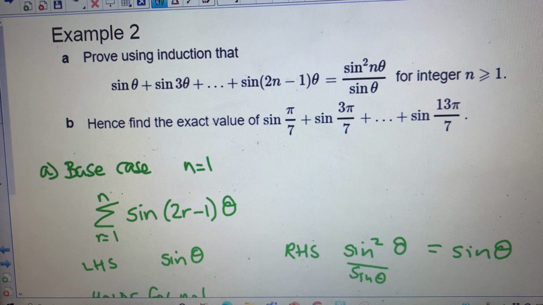So the n bit, you can see that theta here is pi over 7. And to get the 13 pi over 7, n would have to be 7.